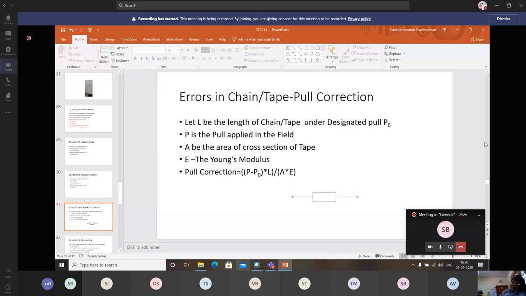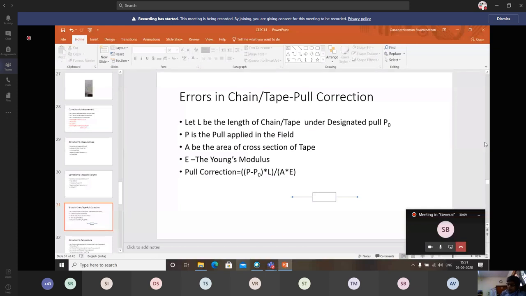So P minus P naught. P naught is the designated pull. So the tape is 30 meter or 20 meter in length. When you are using a designated pull, maybe 10 kg or 15 kg, but as it has been manufactured, the marking remains as the marking between the points when you are using the designated pull.